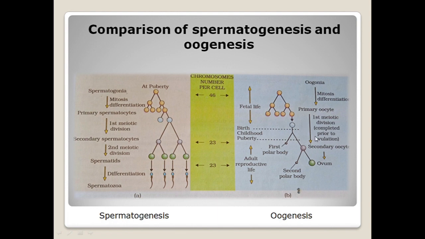Then further division takes place after birth, that is after attaining sexual maturity or puberty. Then secondary oocyte is formed. That secondary oocyte transforms to ovum. Ovum is mostly released in the form of secondary oocyte. The second meiotic division completes only after fertilization.